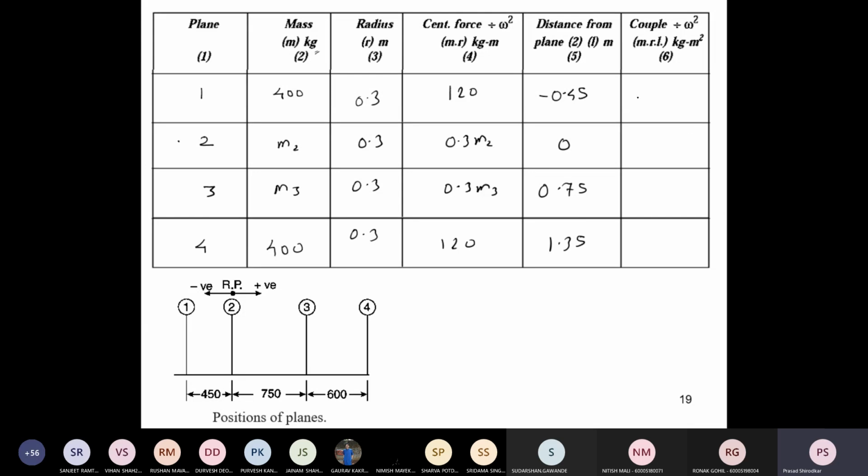Couple, multiply these two columns: 120 into minus 0.45, so that is minus 54, 0, 0.225 M3 and 162. Crank positions are given for 1 and 4. This is 1, this is 4, and these are set 120 degrees apart.